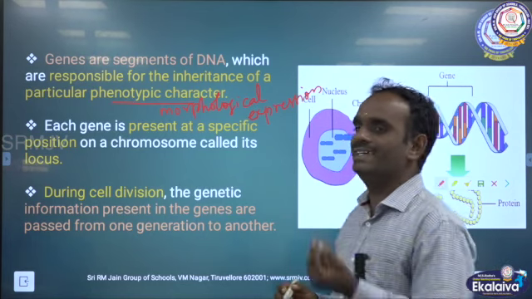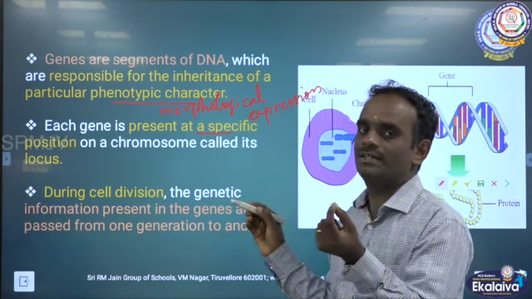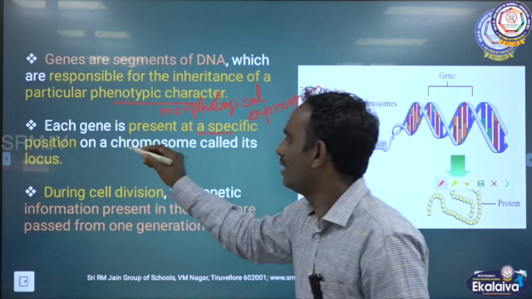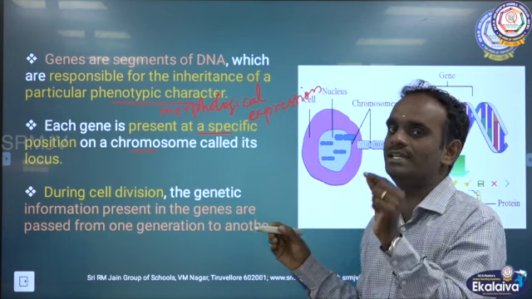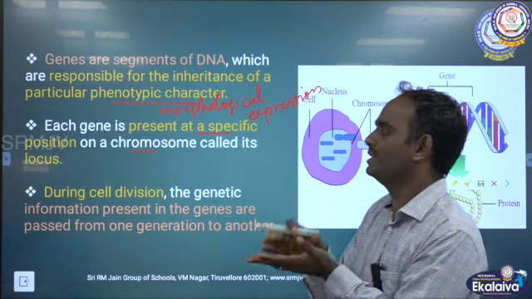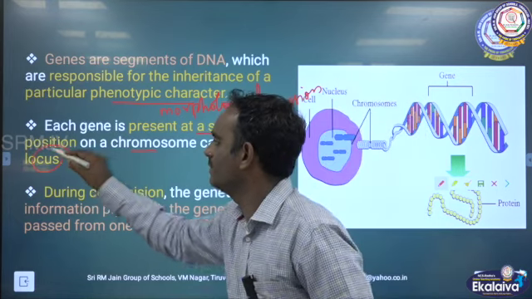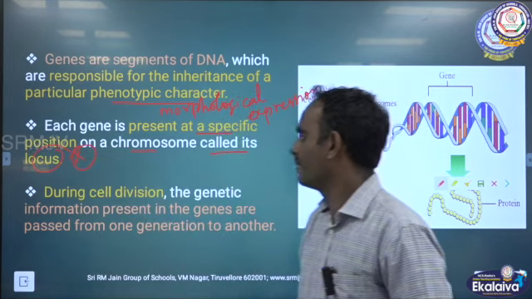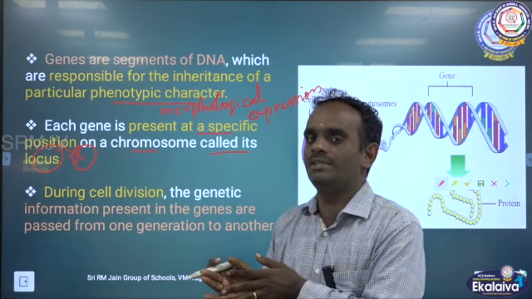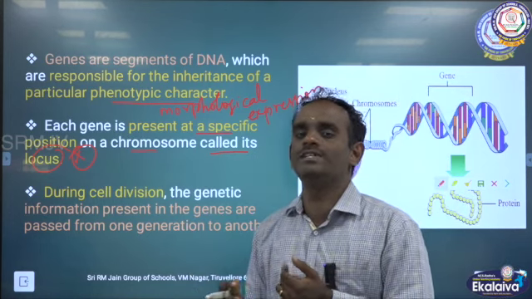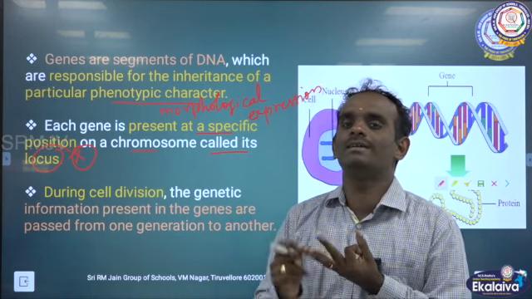Each gene is present at a particular position on the chromosome, and it is named the locus. Very, very important one, locus. All cells undergo cell division. You know the three different types: amitotic cell division, mitotic cell division and meiosis.